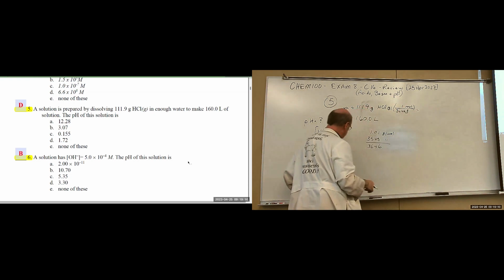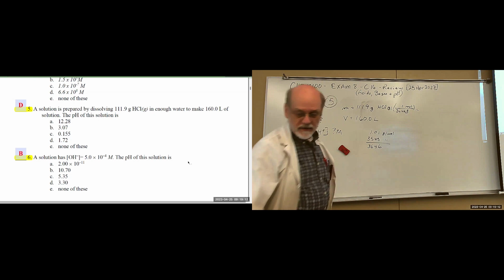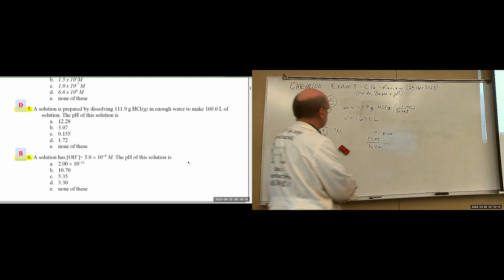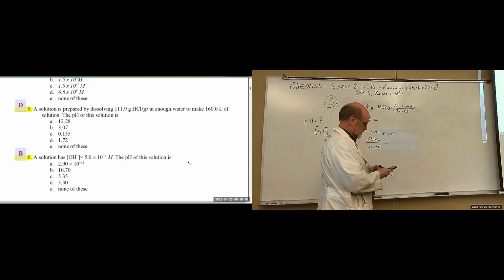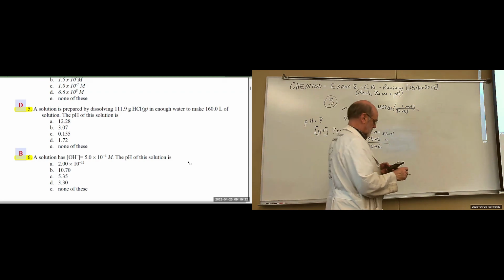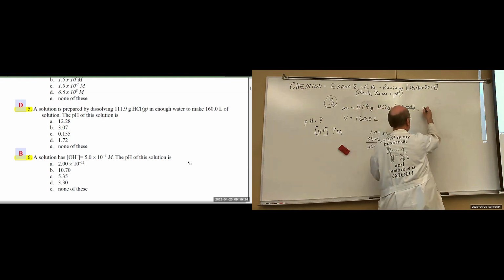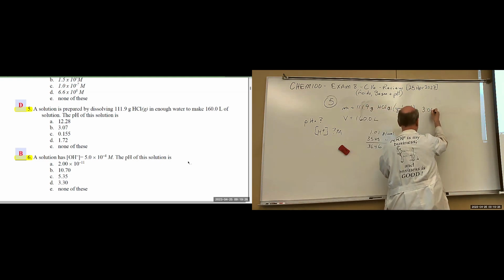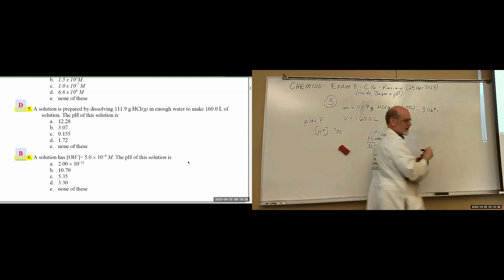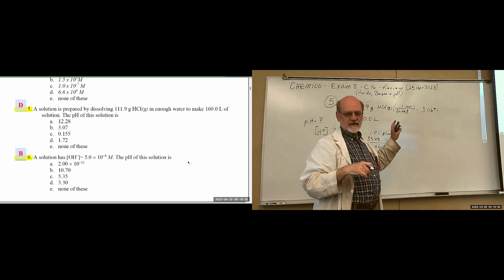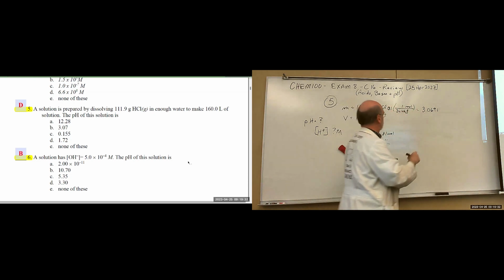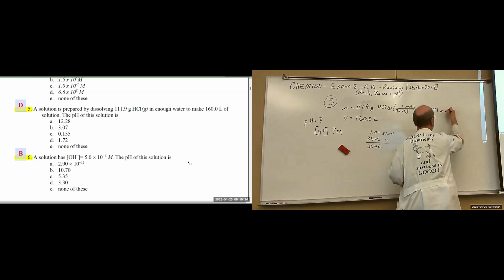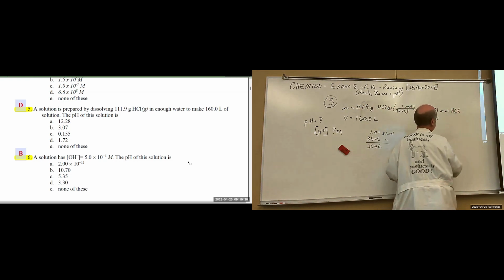Okay, so we can find the number of moles of hydrogen chloride that we actually put in solution. 36.46. Okay, so that's 3.0691. I'm going to keep some extra decimals to avoid rounding error. This is the number of moles of hydrogen chloride.